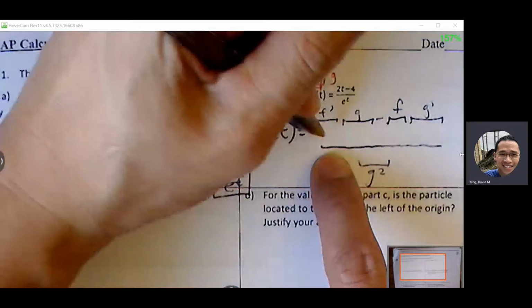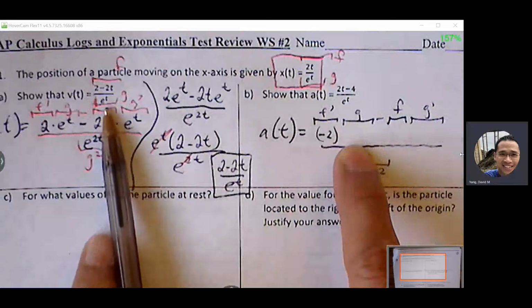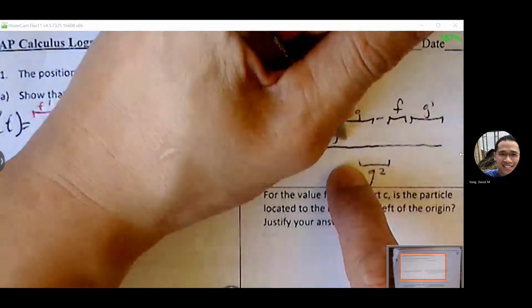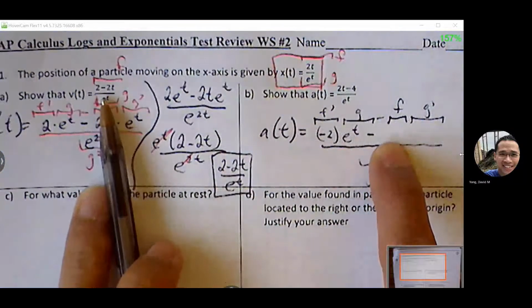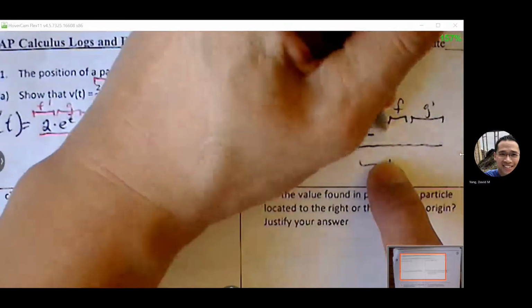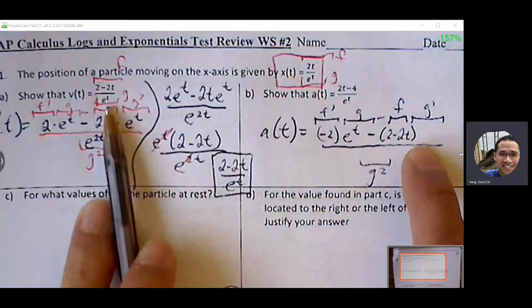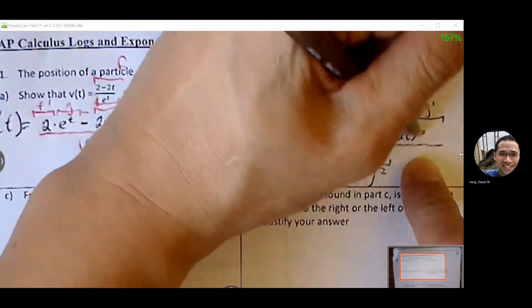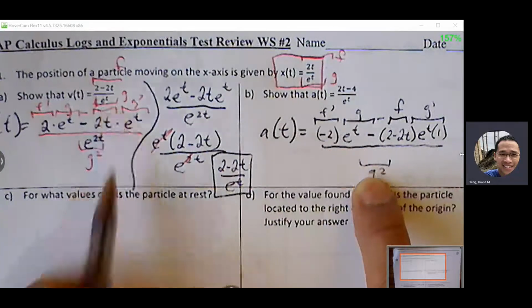Just -2. G function, no changes. Back to f. And then g prime, e to the t becomes e to the t times 1. All over denominator squared.